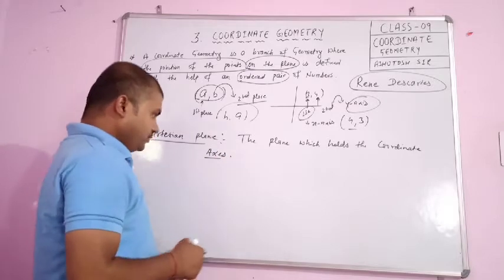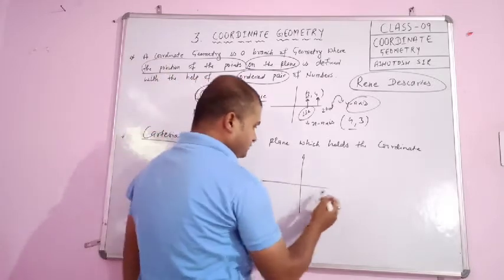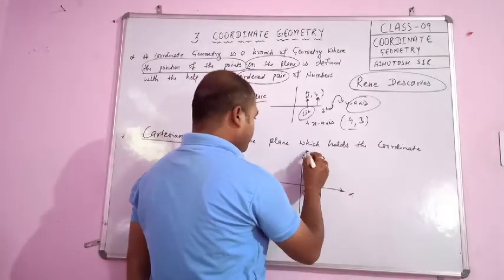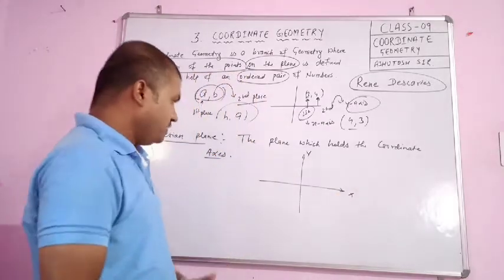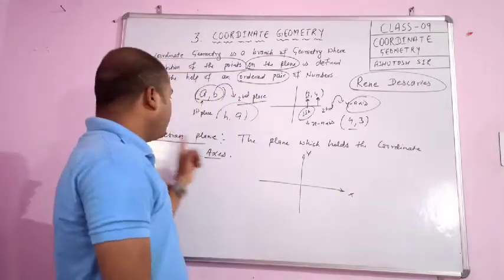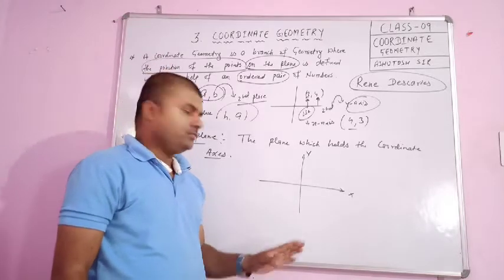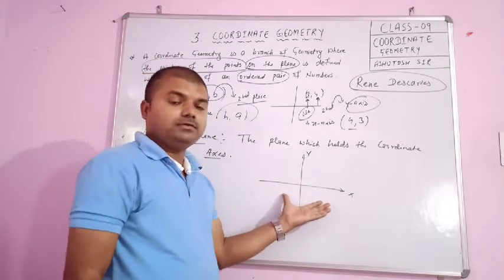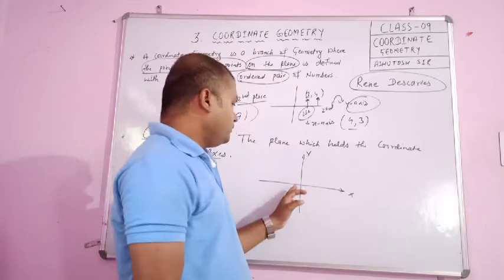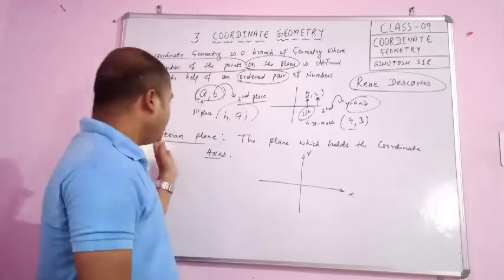That means if we draw this coordinate axis on the board, this board is called the Cartesian plane. If you draw this in your notebook, then your notebook is called the Cartesian plane.